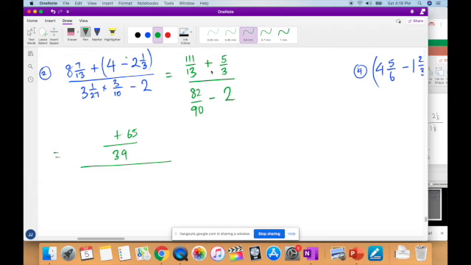Plus 111 times 3 is 333. Right? So 333 plus 65 over 39. That is my numerator. And my denominator is going to be 82 over 90 minus 2.